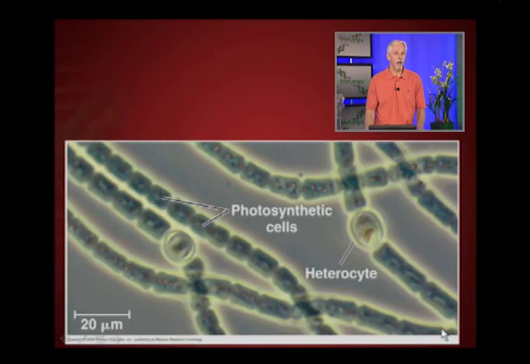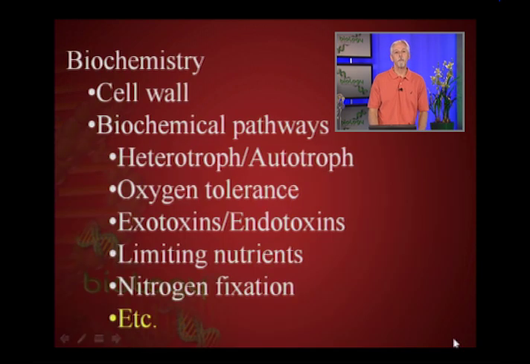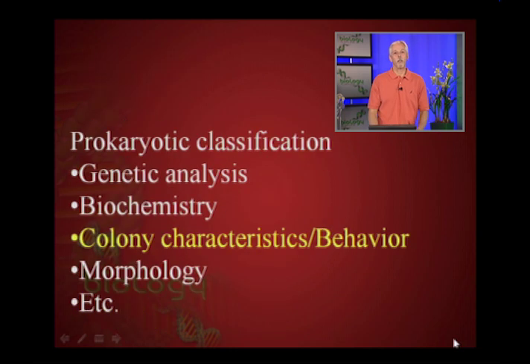So that's an important property. We'll talk about some of the organisms that do this, but one would be what we call blue-green algae. They have specialized cells that fix nitrogen from the atmosphere and then convert it to a usable form for everybody else. There are other biochemical pathways as well, but these are just a few that we typically look at.